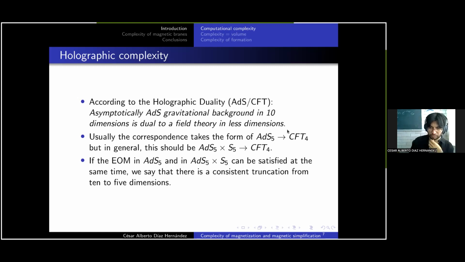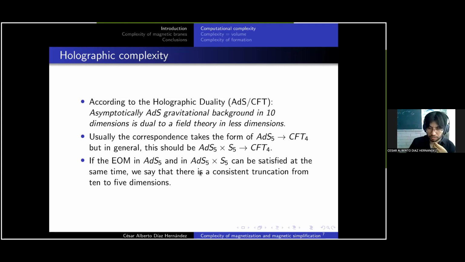This is usually the way one finds the duality in the literature, but in general, this should be AdS5 times an S5 manifold, right? Times a compact manifold in 5 dimensions, and this is truly dual to the CFT4.